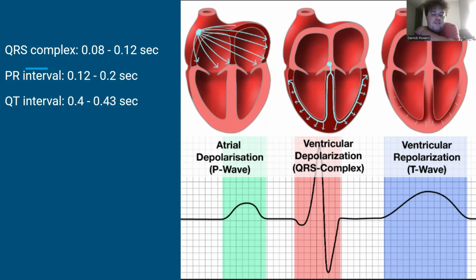Potassium helps relax your ventricles to prepare for the next beat. So if your potassium gets too high, you're going to get peaked T waves because it's going to relax super fast. Notice how this one is slower. But with a lot of potassium, it's peaked, because it relaxes faster than it should.